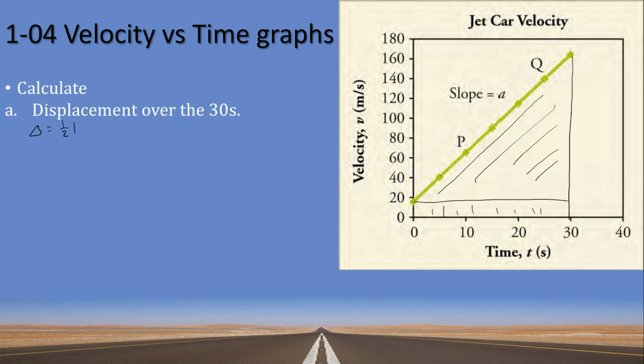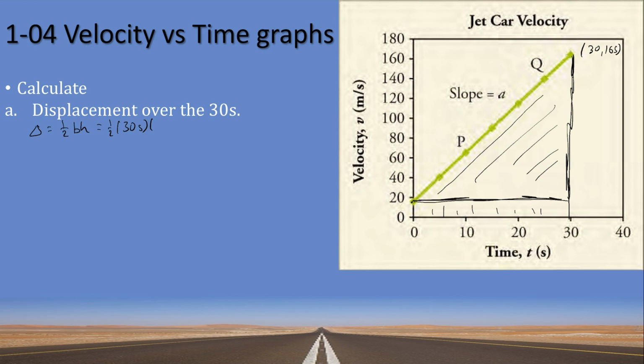Triangle area is 1/2 base times height. The base, the distance across the bottom here, is 30 seconds. And the height is, well, let's see, this point looks like it is 30, 165.